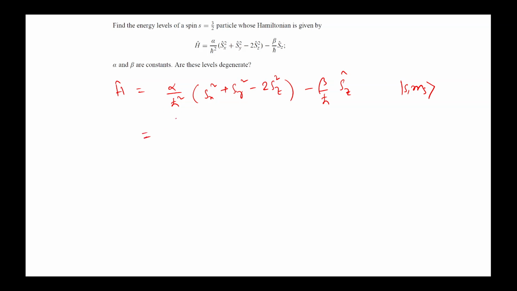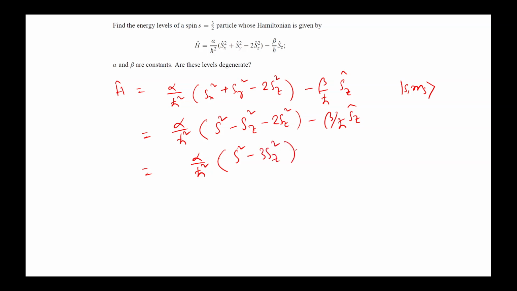So we can write this as S squared minus Sz squared minus 2Sz squared minus beta over h cross Sz. Now this is basically alpha over h cross squared times S squared minus 3Sz squared, minus beta over h cross Sz.